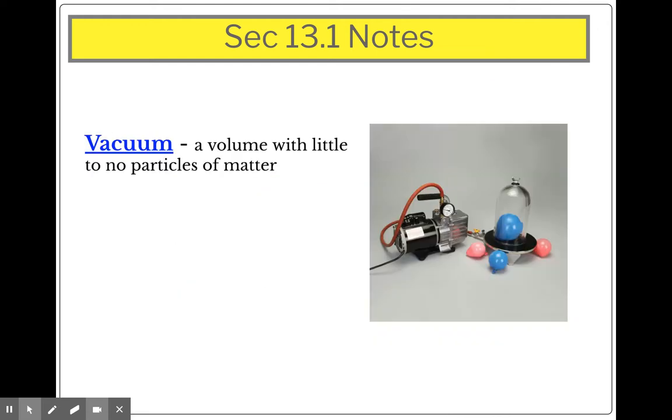A vacuum, so this is a vacuum bell jar. We'll do some demonstrations in class that deal with this. But basically this pulls out all of the air inside that bell jar. So a vacuum is a space where there is little to no particles of matter.